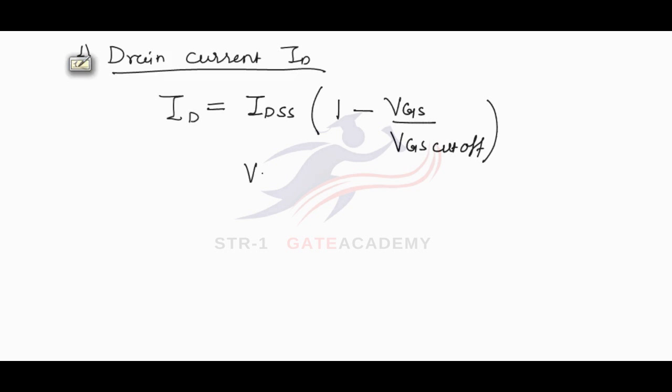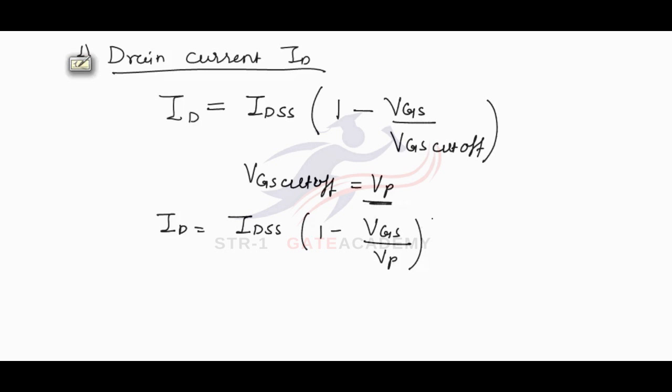This VGS cutoff is sometimes written as pinch-off voltage VP. So drain current ID can be written as ID equal to IDSS into (1 minus VGS upon VP) whole square.